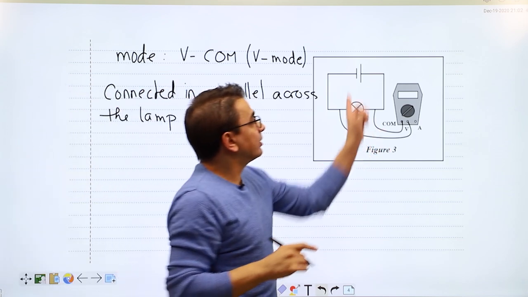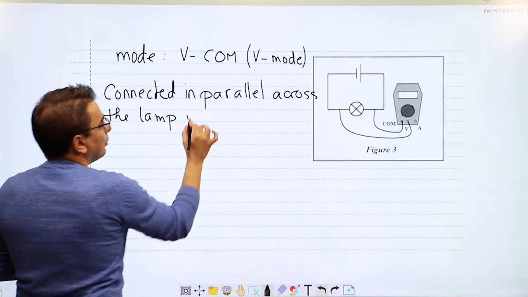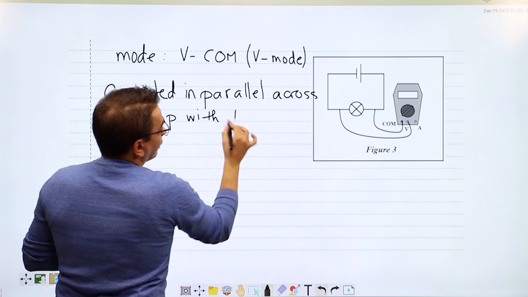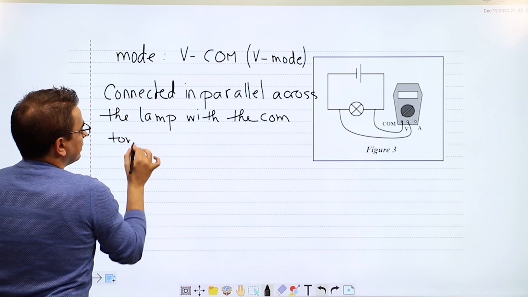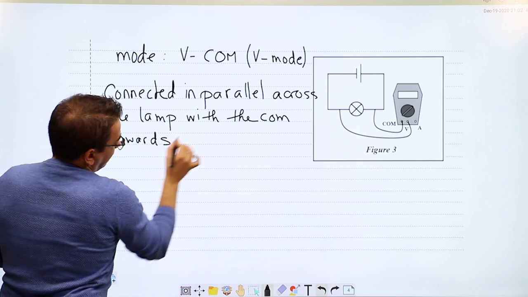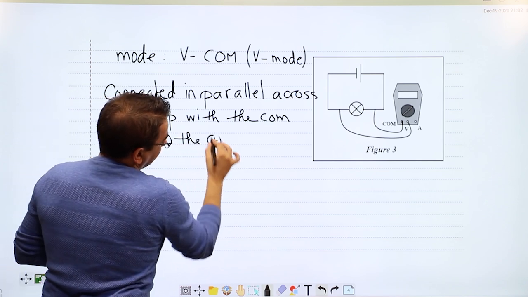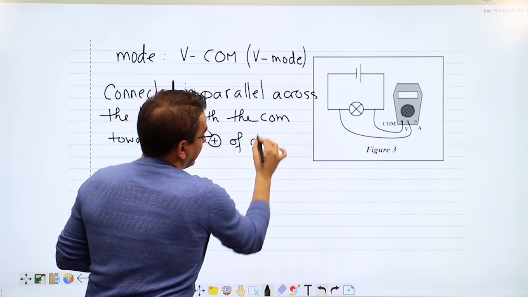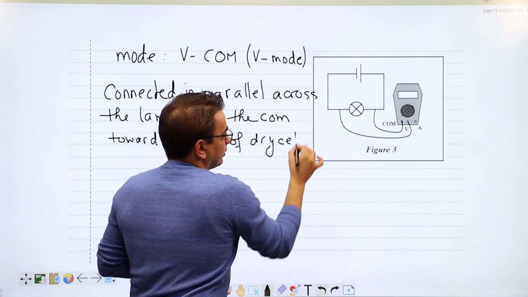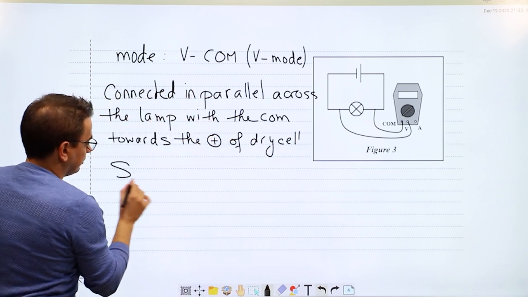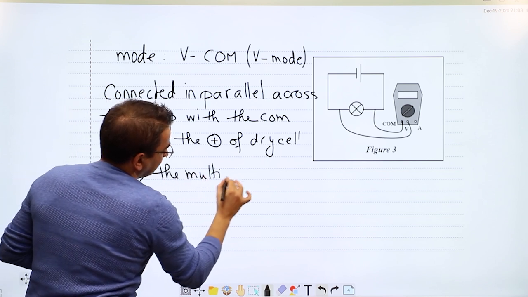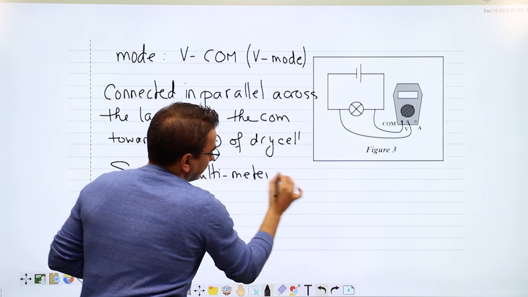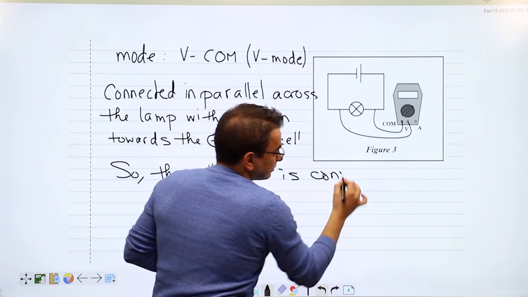Not only that, COM is connected to the positive, with the COM towards the positive of the dry cell. So, the multimeter is connected properly.